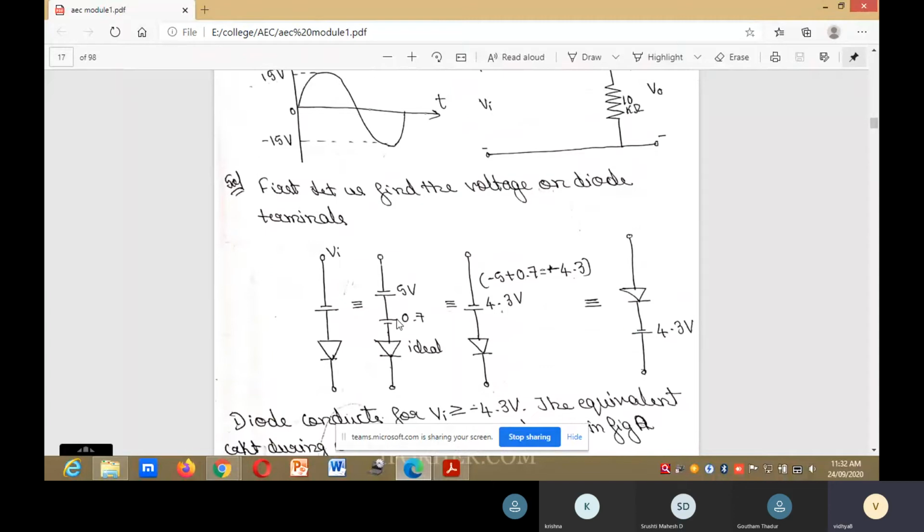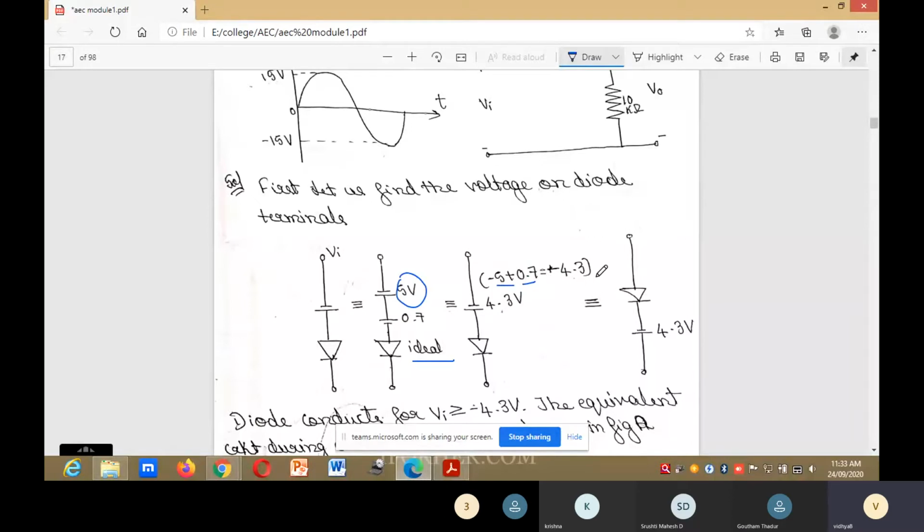Draw minus plus 5 volts and plus minus 0.7 for the ideal diode. -5 plus 0.7: this one is minus to plus, so consider -5; this one is plus to minus, so plus 0.7.